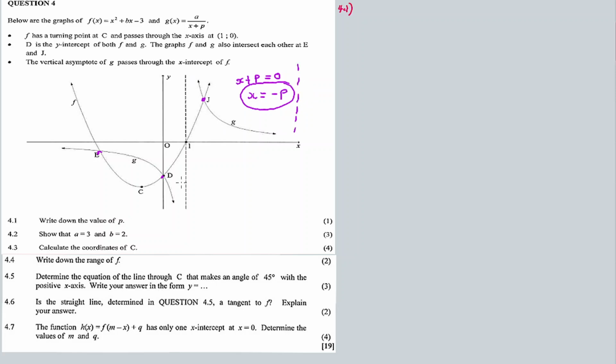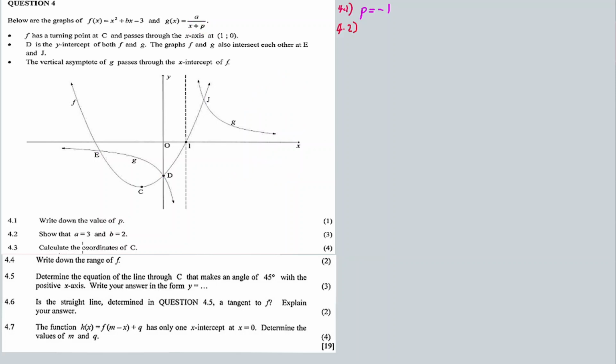Now the vertical asymptote passes through 1, so x is equal to 1, and bringing that 1 back to the left-hand side, you get minus 1. So this is your denominator, and p is equal to negative 1.